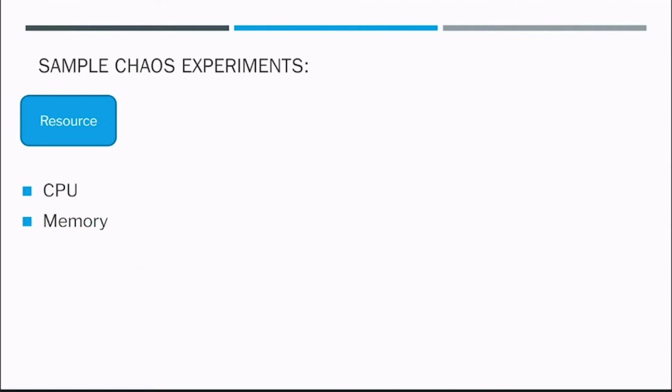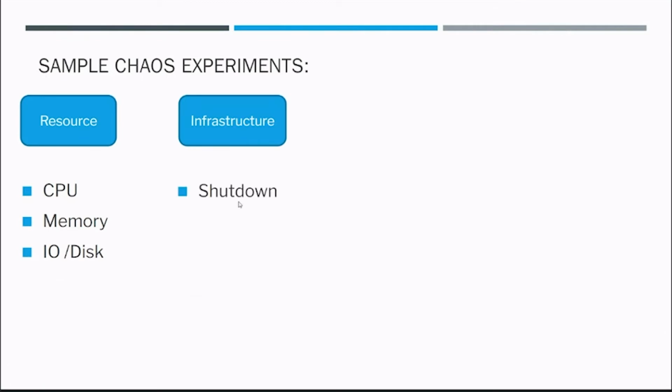I am going to show you a demo on Gremlin, and Gremlin uses these attacks. So I want to do a CPU attack on my application, and a memory attack too. I'll keep the CPU at 90%, and I'll see how the application works or how my monitoring system works. Does it detect the CPU hike or not? Similarly with memory, IO, and disk. Then on the infrastructure level, again, I can shut down a machine and see how the application reacts or what different kinds of things happen.